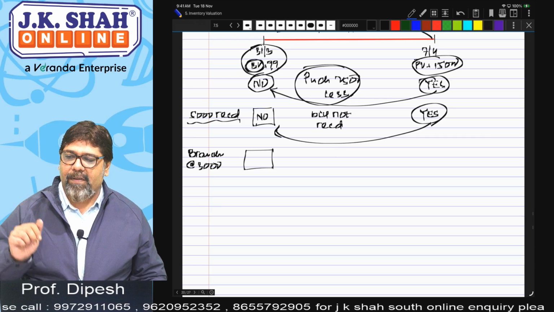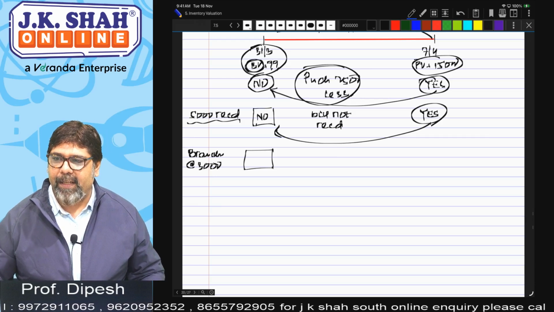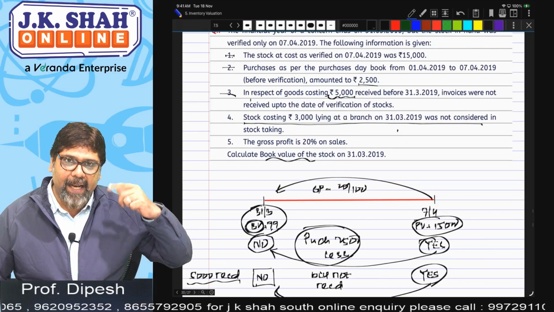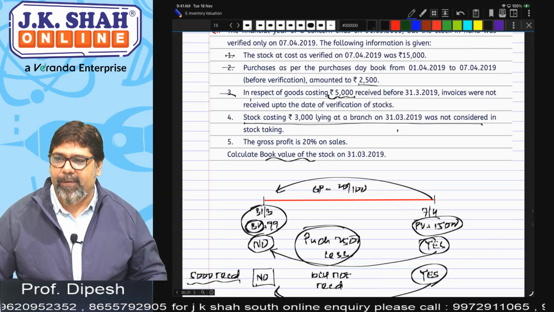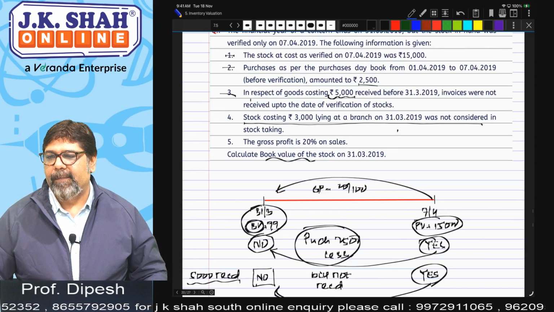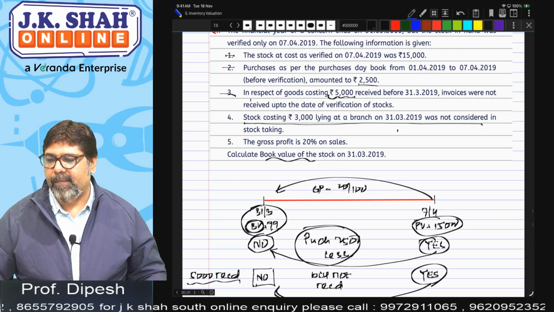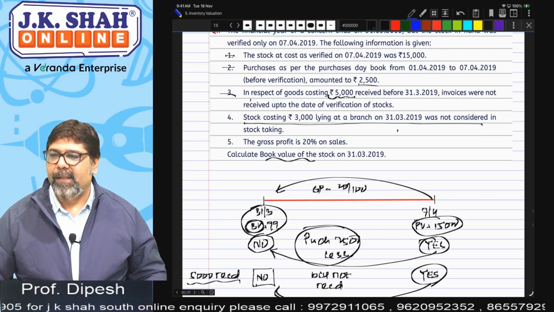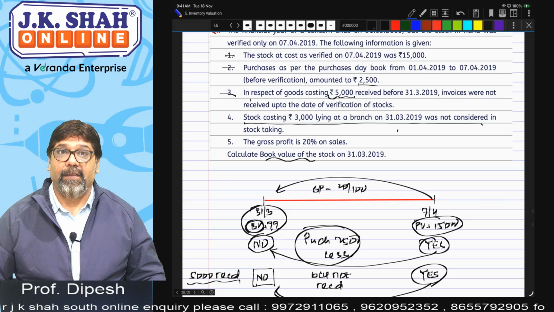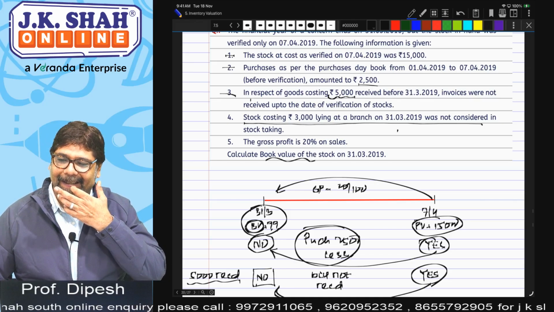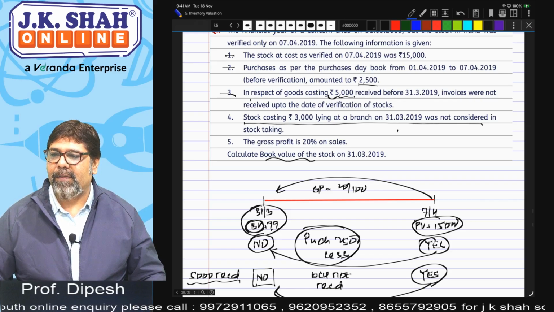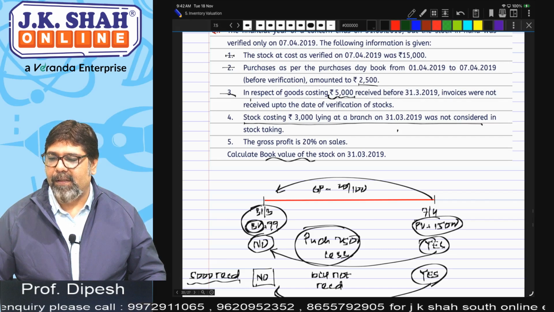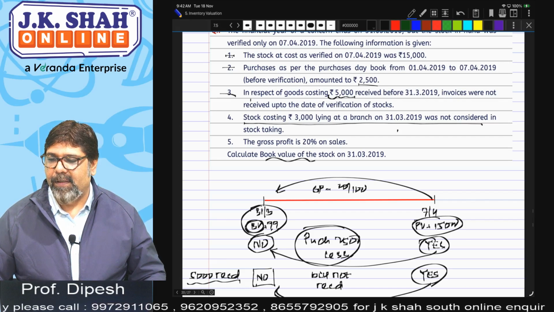It is there in my branch. Stock costing rupees 3,000 lying at branch. So who is the owner? Branch is the owner or you are the owner? No, sir.